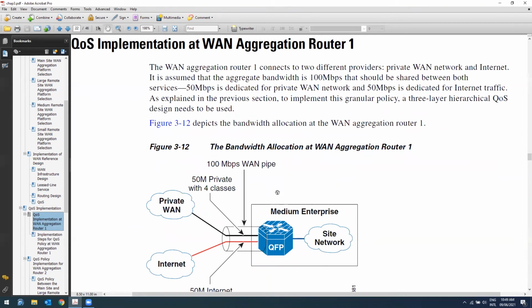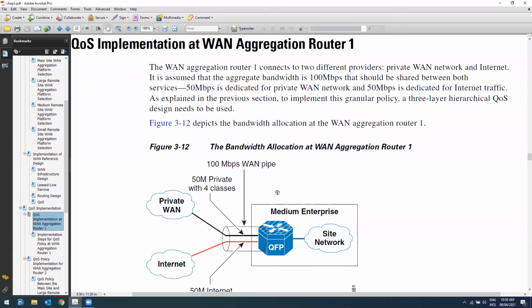Right, so QoS implementation on WAN aggregation router 1. The WAN aggregation router 1 connects to two different providers: the private WAN network and the internet. It is assumed that the aggregated bandwidth is 100 Mbps that should be shared between both services. 50 Mbps is dedicated for private WAN and 50 Mbps is dedicated for internet traffic.